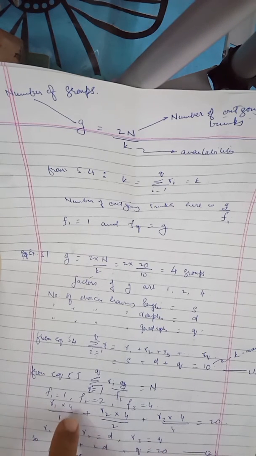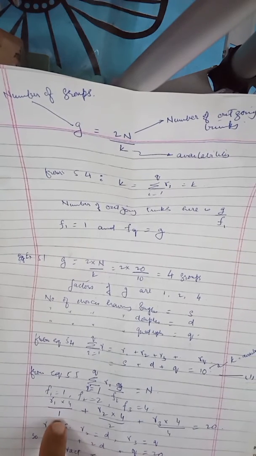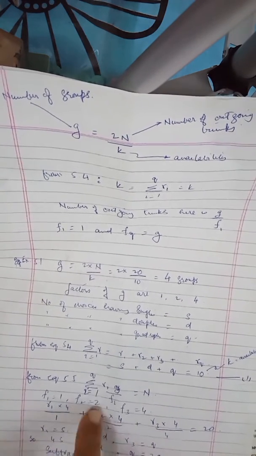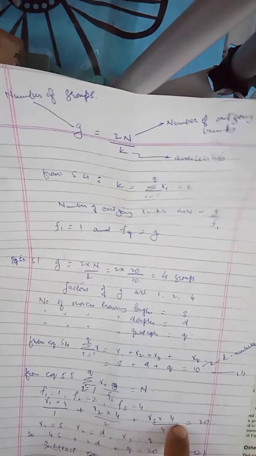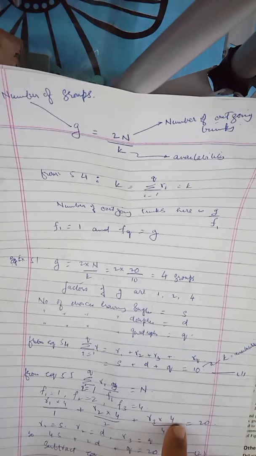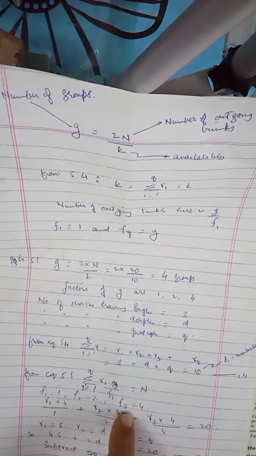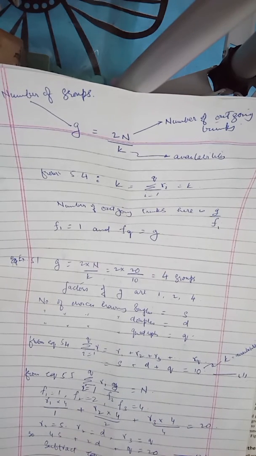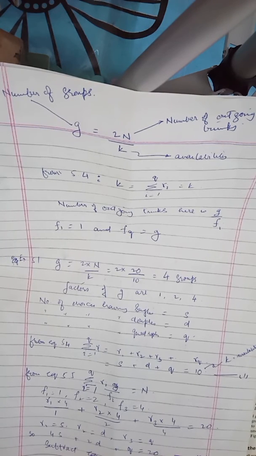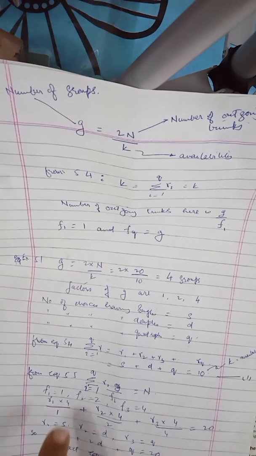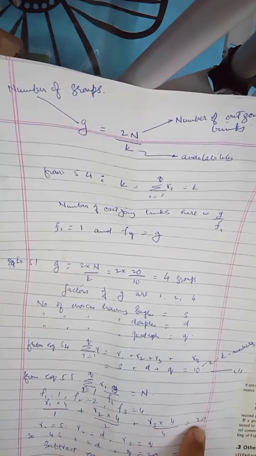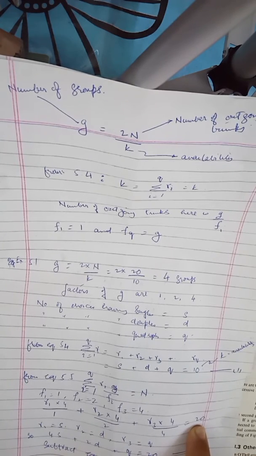R1 into 4, which is the number of groups, divided by F1, which is 1, plus R2 into G, the number of groups 4, divided by F2, which is 2, plus R3 into G, which is 4, divided by F3, the third factor of G, which was 4. So 4 has 3 factors, 1, 2 and 4. They are used over here. That would be equal to the total number of trunks, which is 20.